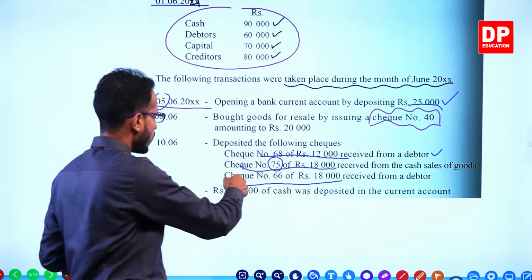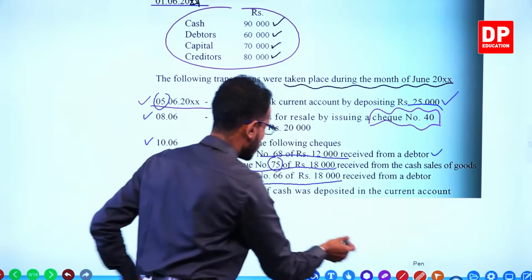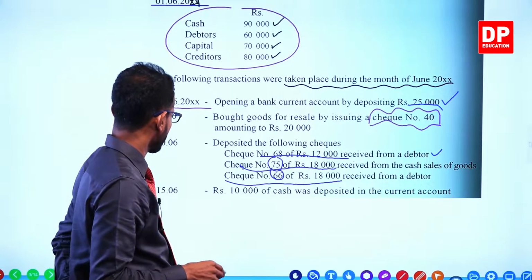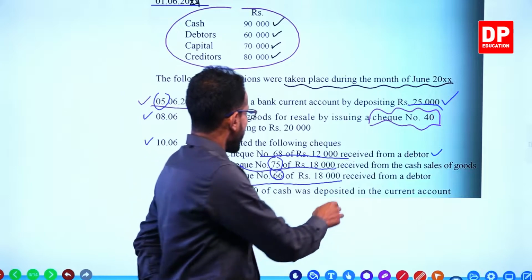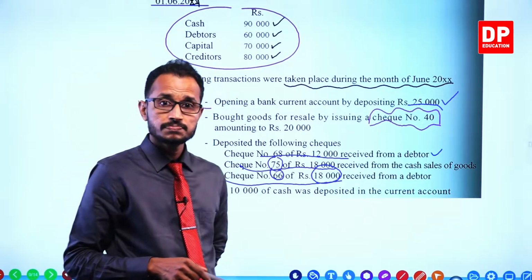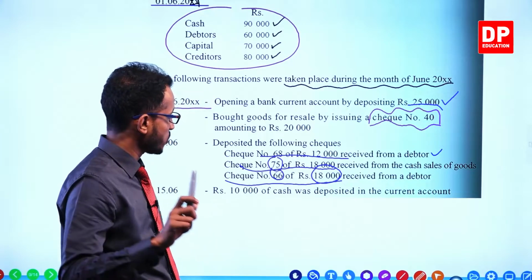We have finally a check number 66. A check which is check number 66, 18,000 again, received from a debtor. It's not the same check.